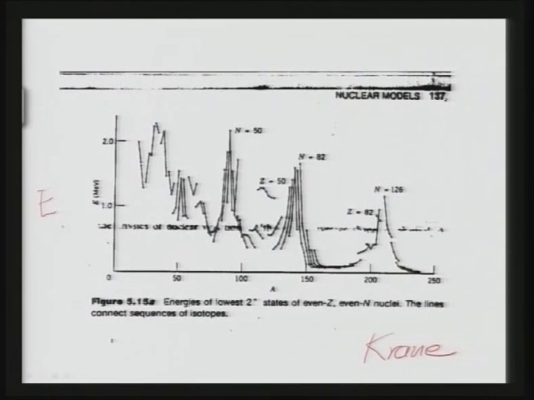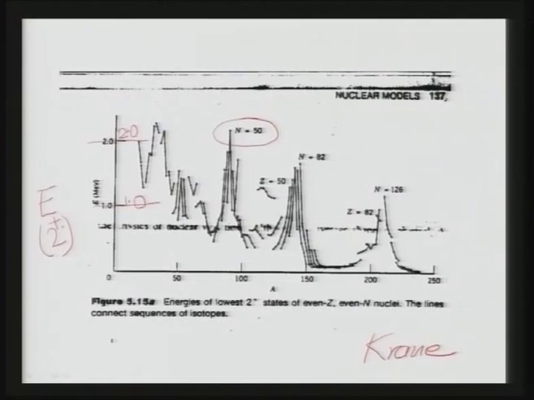This is energy of the first excited state for these even nuclei, and that first excited state is 2 plus, and this point that you see here is 1.0 MeV, if you are not able to see that printed thing, and this point here, this is at 2.0 MeV. So, this is energy of the first excited state, and that excited state is 2 plus. We are talking of only even nuclei, and these are the major shell closures.